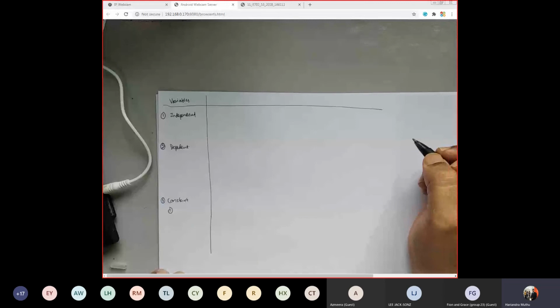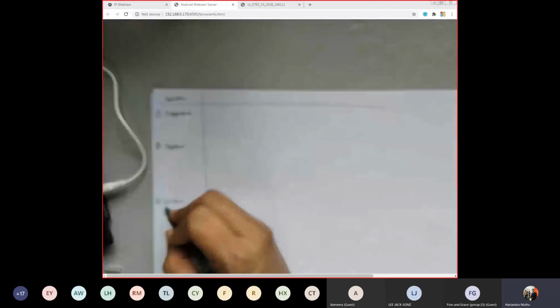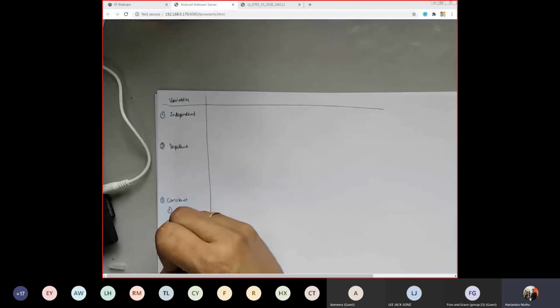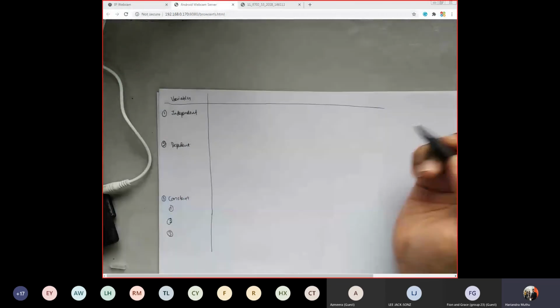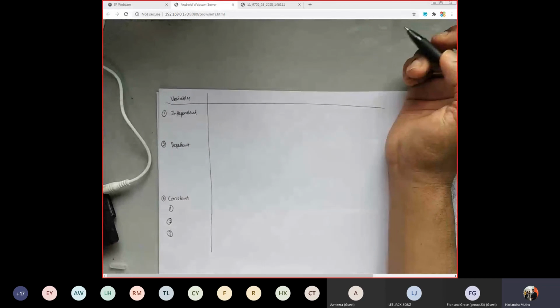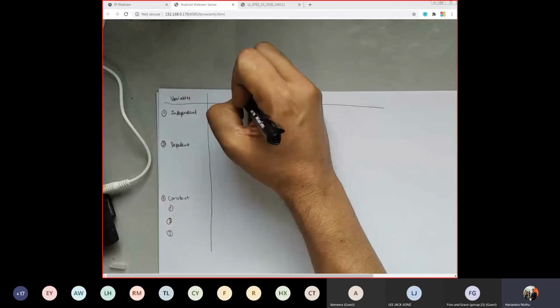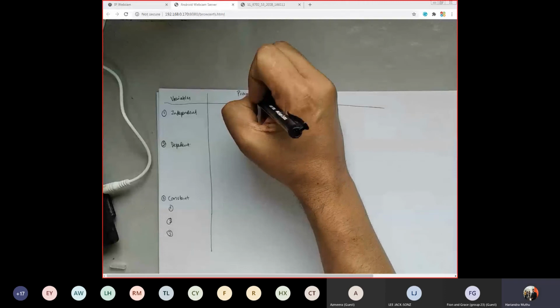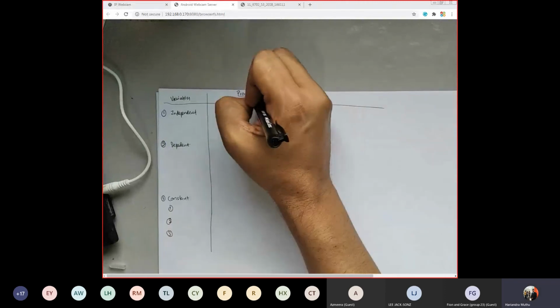Okay, in any experiment, there are actually more than one constant. Let's say there are three constants, right? Let's just put three constants first. So we have variables, then we have the procedures. This procedure can be divided into two.